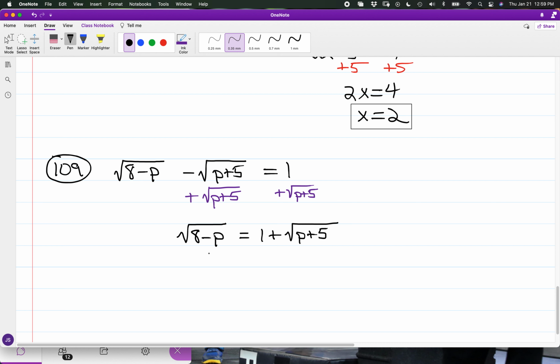And I can free up the 8 minus p upon squaring both sides of the equation.